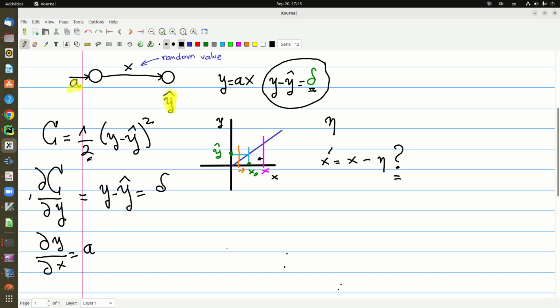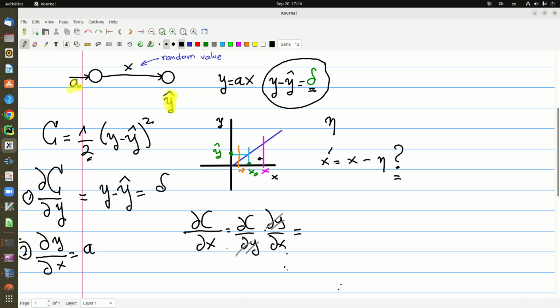If we combine these two equations and use the chain rule, we can easily see that the partial derivative of cost over x is the partial derivative of cost over y times the partial derivative of y over x. Note that these two cancel each other.